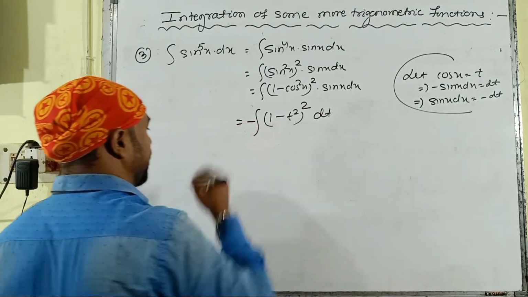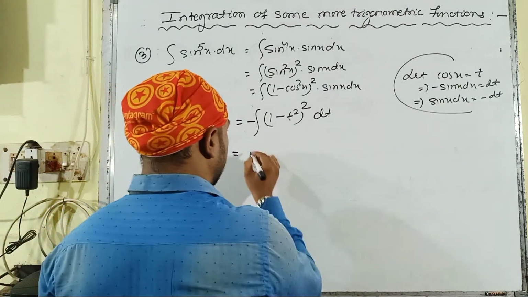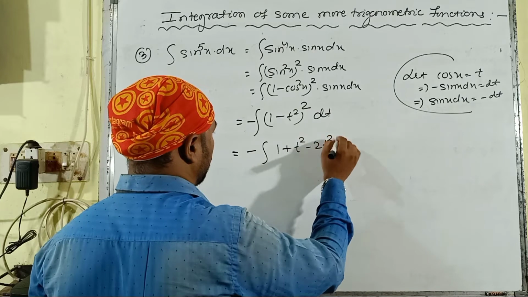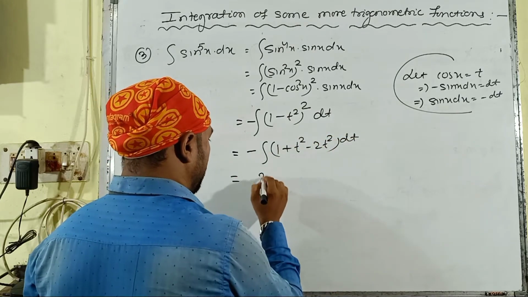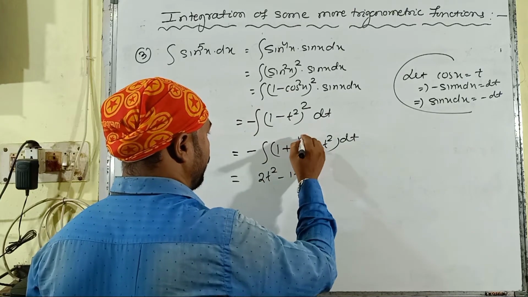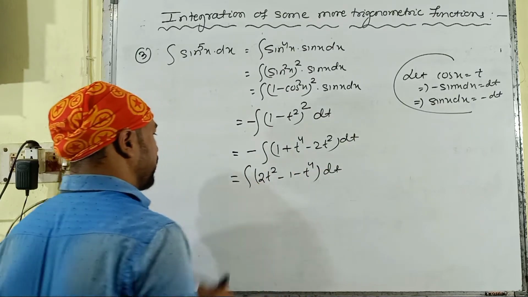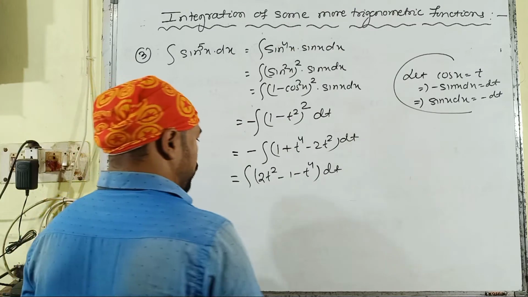Let us take the negative sign to the outside of the integral. So it will be 1 plus t to the power 4 minus 2t square dt. Okay, this is t to the power 4. I have multiplied the negative sign with 1 plus t to the power 4 minus 2t square.